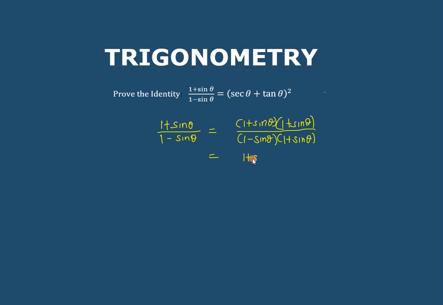So I can write it as 1 plus sine theta squared, and down here I have a difference of 2 squares, 1 minus sine theta with this one as a minus and this one as a plus. So I have 1 squared, which is the same as 1 minus sine theta squared. That is sine theta squared.